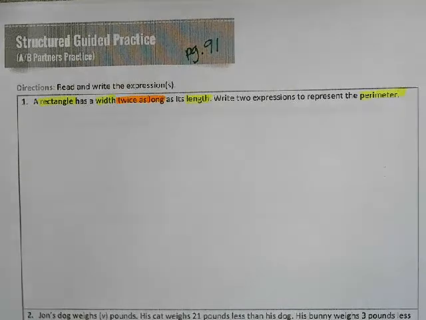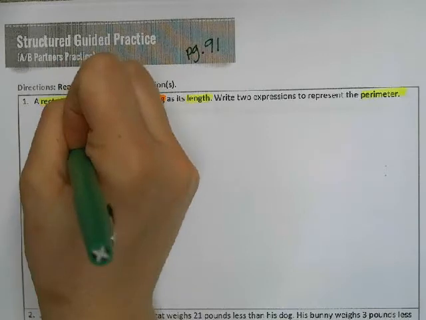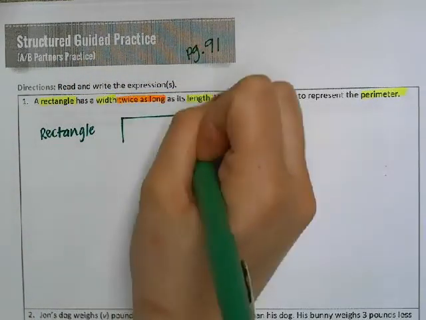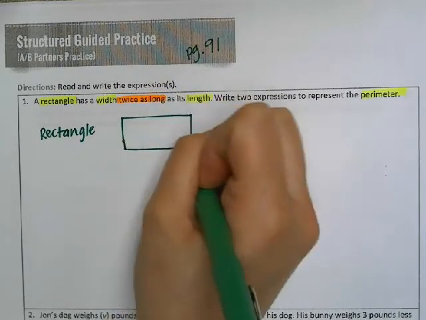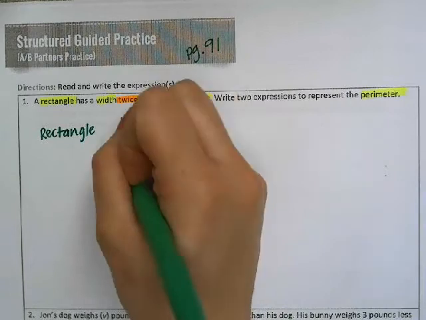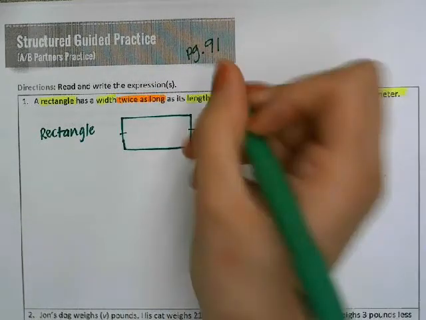The first thing that I'm going to do is define some of these keywords. So I have rectangle. And a rectangle, as you know, has a length and a width, right? This side is the same as this one. They are the same length. This is going to be our width.